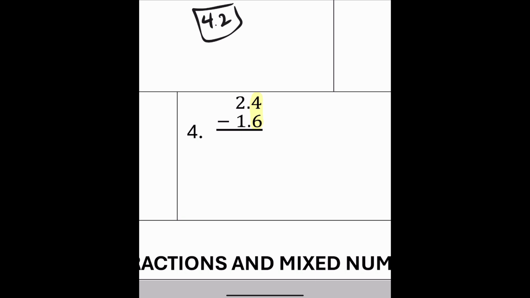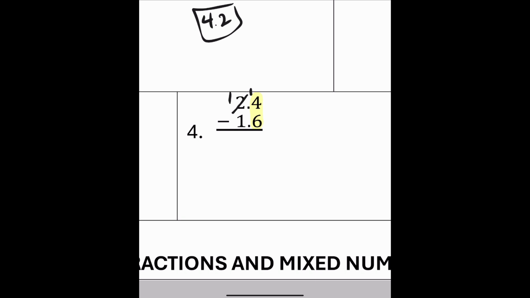Whenever we have a number up top that is less than the number down below, we have to do something called borrowing, right? So we can make this 4 into a 14 if we take 1 away from the number to the left of it, right? So this 2 is now going to become a 1, okay? So we're just subtracting by 1, right? So if you're borrowing from a 3, that becomes a 2.